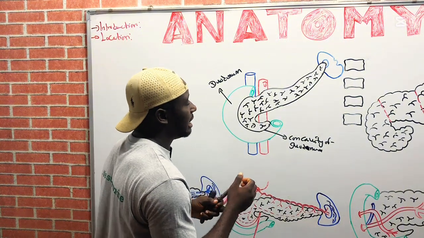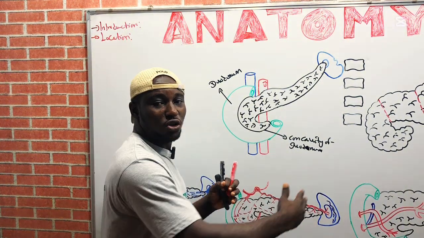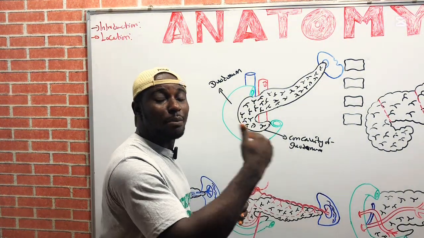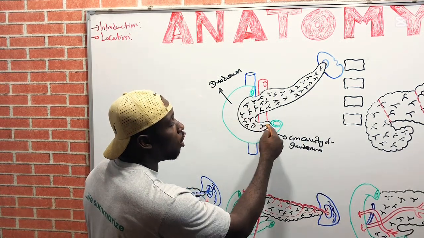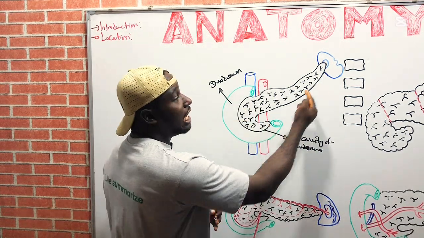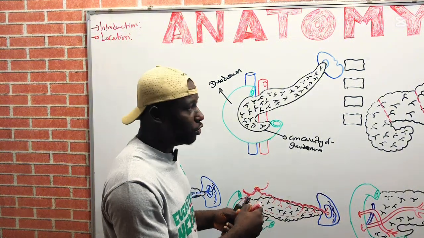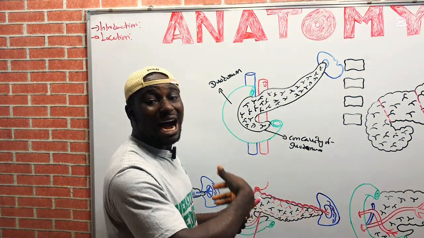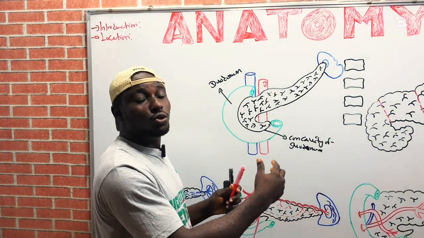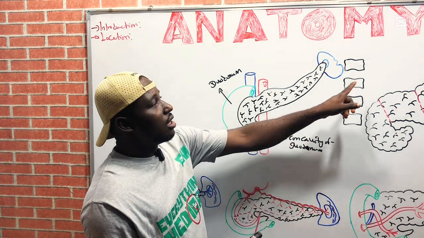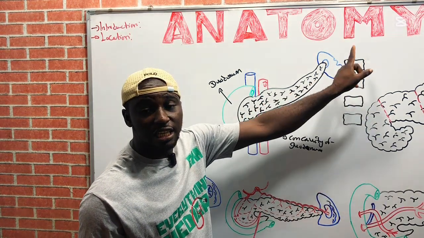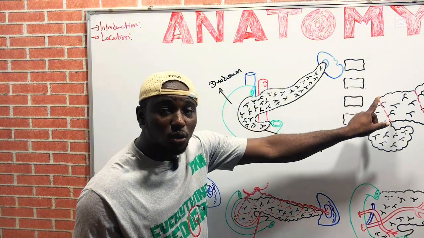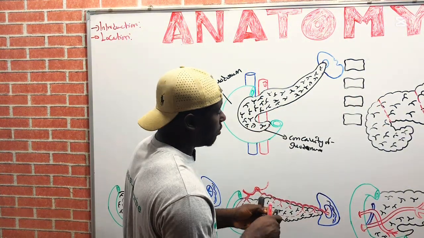So you can see that the pancreas crosses the posterior abdominal wall obliquely from the concavity of the duodenum to the hilum of the spleen, or the splenic hilum, opposite or anterior to the vertebral level of T12 to L3, right?